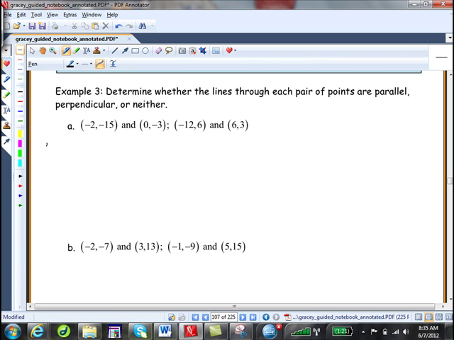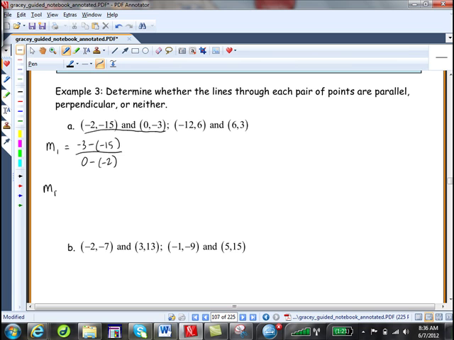Let's do slope 1. Slope 1 will be these points, right? So slope 1 will be -3 minus negative 15 over 0 minus negative 2.